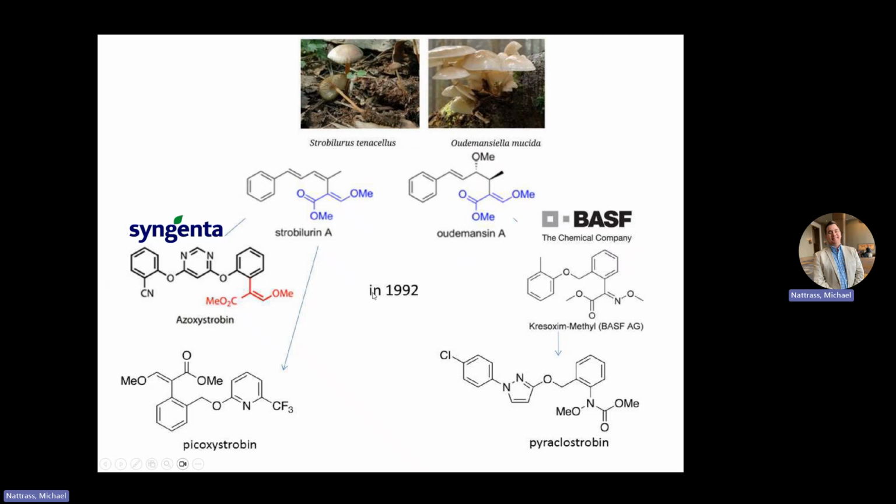But at some point in time, this was like 1992, most of these chemical compounds have probably come off patent, and so now anyone can make these. This is important because you might not necessarily need to buy that from Syngenta, and other companies can make that. It's kind of like Roundup is known as glyphosate, but there are other companies that are making that as well.